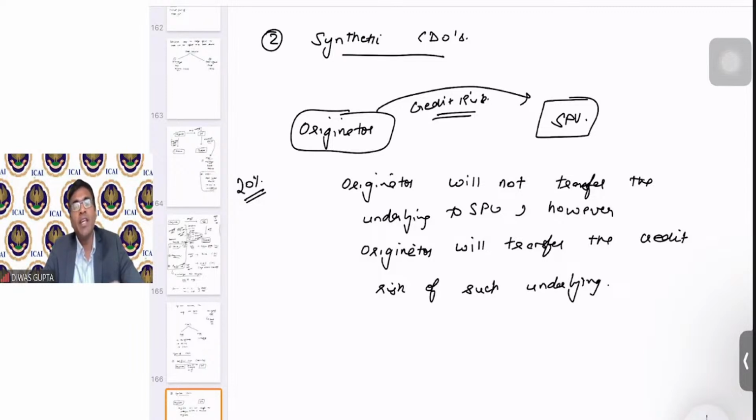So you take the risk with you and I will pay you a premium, right? And then whatever tranches you want to create, the CDO operations that we have discussed, I will not transfer the original assets, which are the original mortgages, to you.